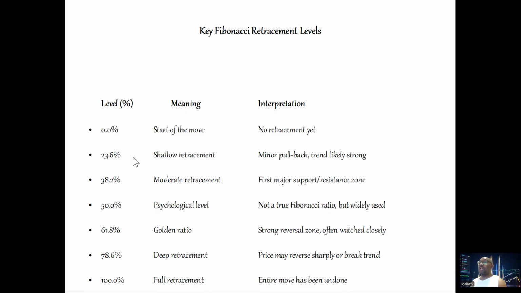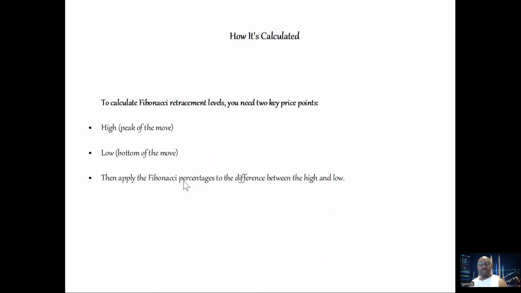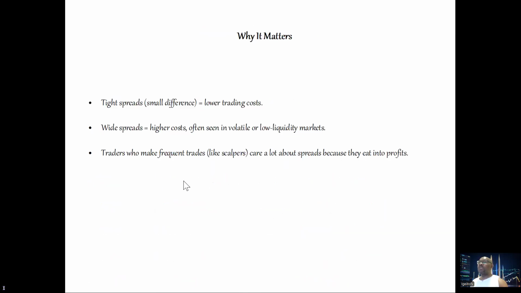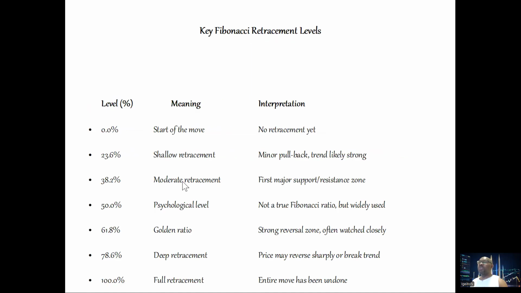As soon as price is pulling back, if it is able to break 38.2, then the 50%, there is every possibility that price should hold here at the psychological level. That is the 50%. But most times it does break past this level.